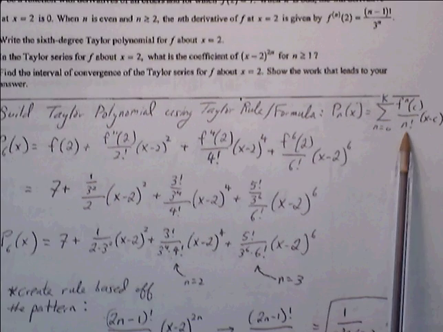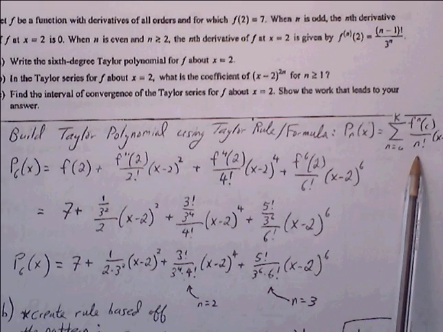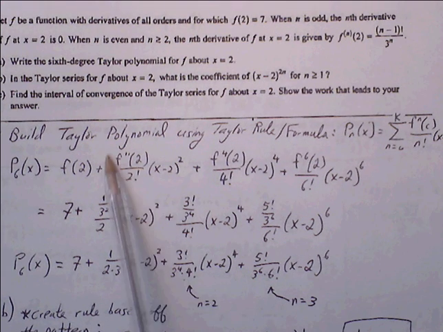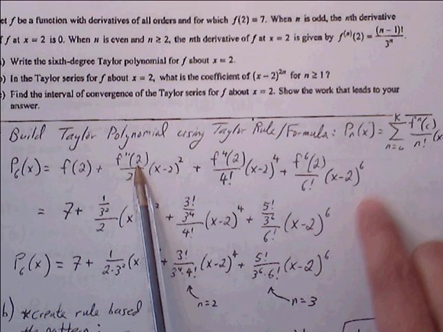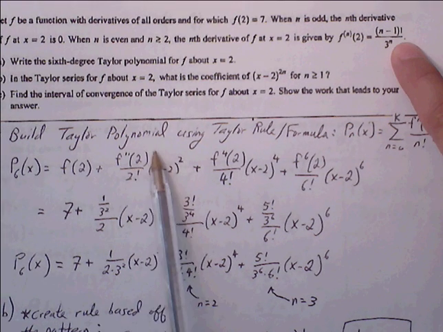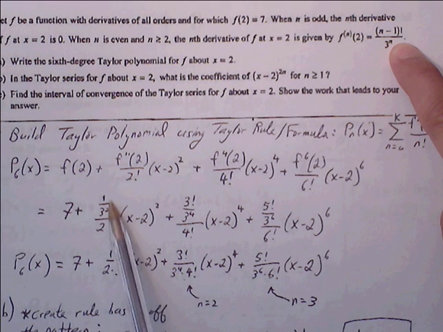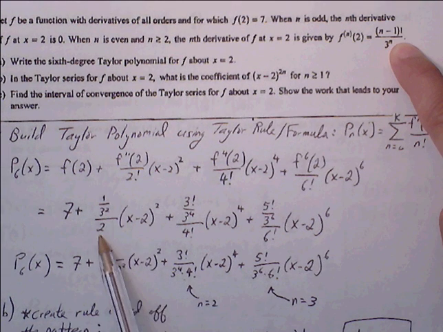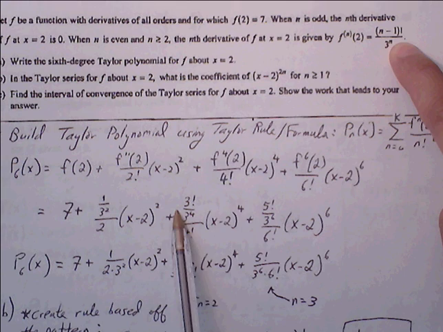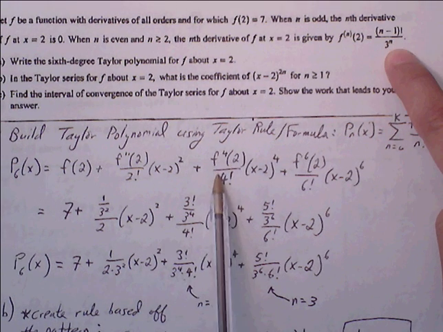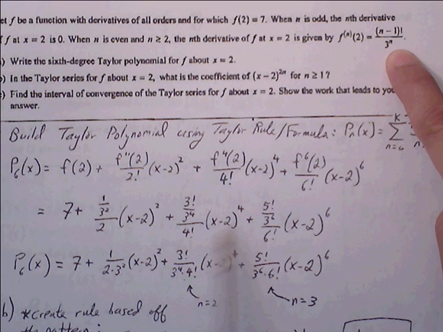Now, based off of all the values, this rule that we can then use to evaluate the second derivative at 2. So we can just plug 2 in for the n values. So 2 minus 1 over 3 squared will just be 1 over 3 squared over 2 factorial. And then the fourth derivative value at 2, just plug 4 in for n, so 4 minus 1 over 3 to the fourth over 4 factorial.